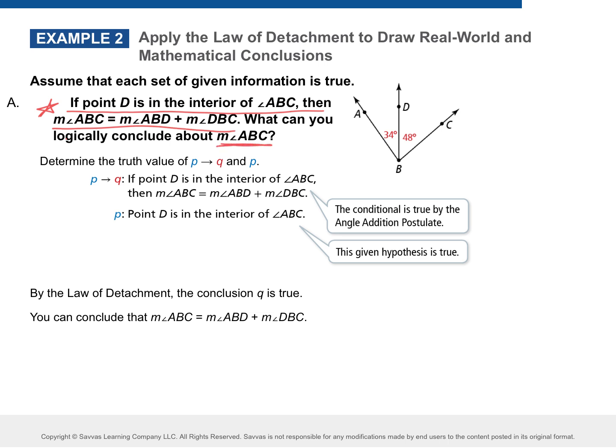How can we figure out what the measure of ABC is? How can we figure it out? Say it louder. Add them together, right? Right here in the if-then statement, it told you what to do. Told you to add it together. So you would use that formula to figure out what ABC is. Sometimes in the if-then statements, it'll give you a formula. You're probably going to use that formula to find your conclusion.